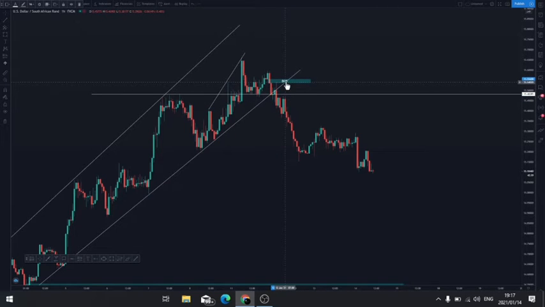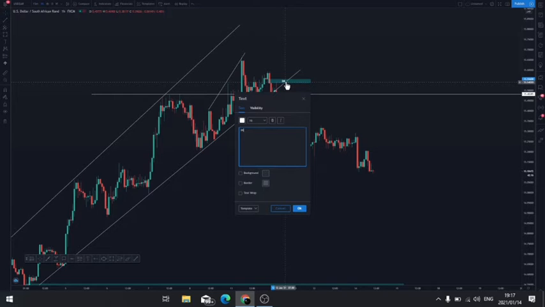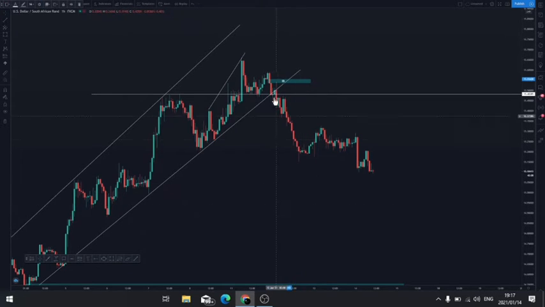I'll just name it IB, imbalance, so that it is not long. This is our IB, which is imbalance. As you can see, the market shifted downwards and came and retested this imbalance.